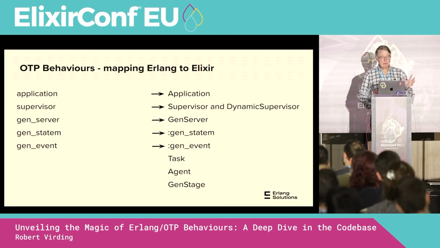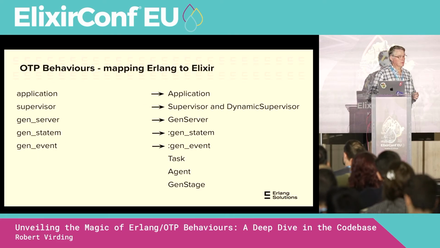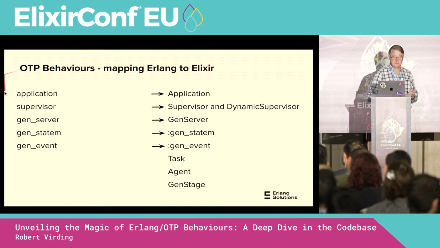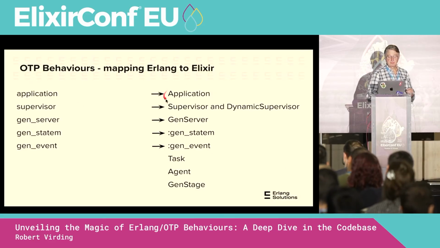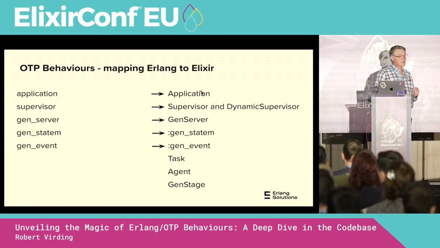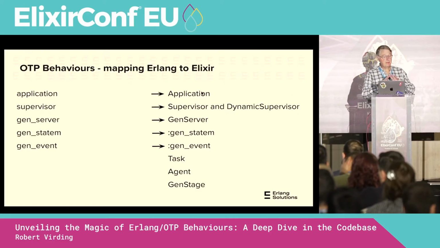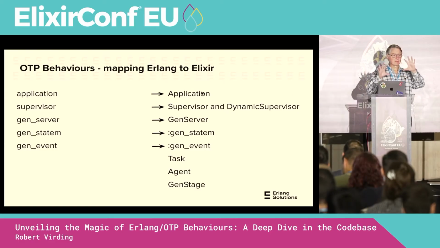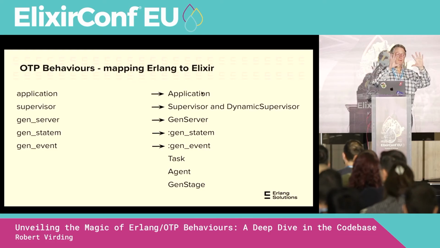Now, they are mapped onto the Elixir side as well. So on the Erlang side there's an application module, a behavior. This has an Elixir behavior, again called Application, uppercase, which is a mapping from the Elixir syntax onto the Erlang syntax.